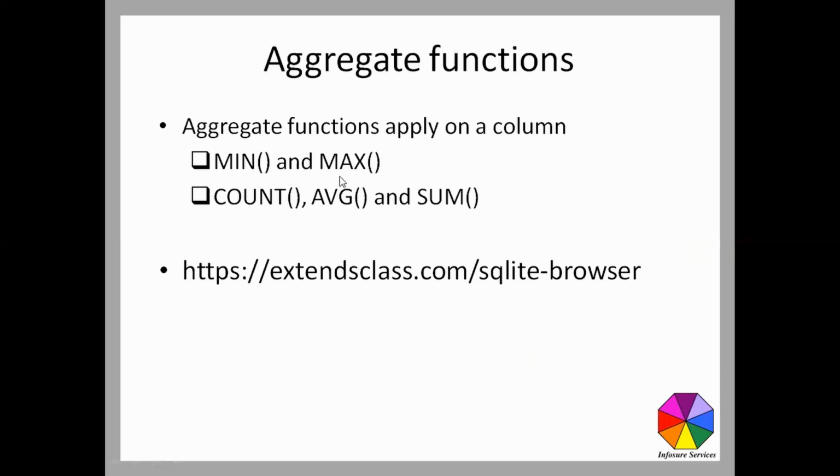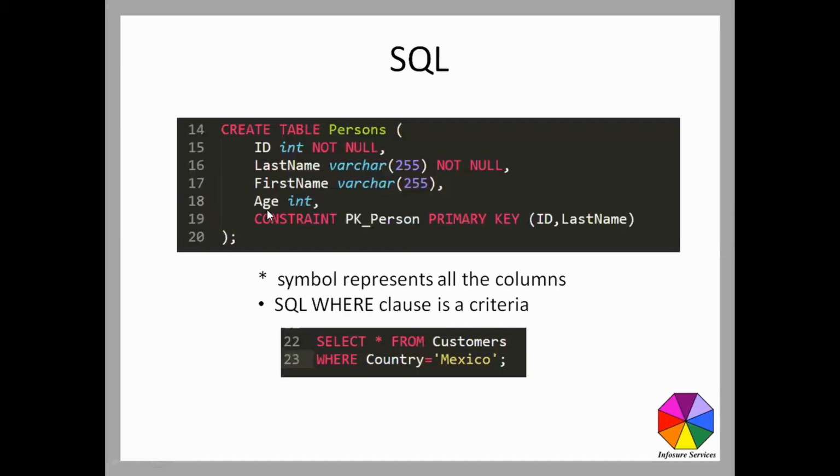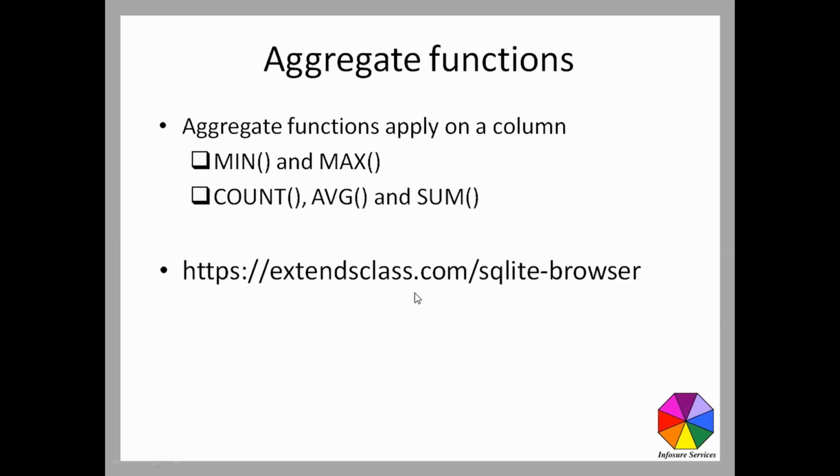You could fetch individual columns or you could fetch aggregates of columns. Min and max are functions which can be used in the select. This select is followed by some column names. We may not have star all the time. We could choose to have specific columns, maybe 2-3 columns.